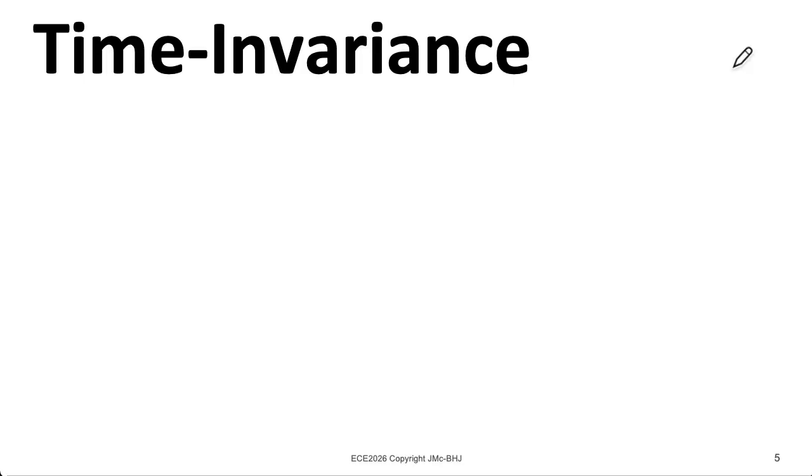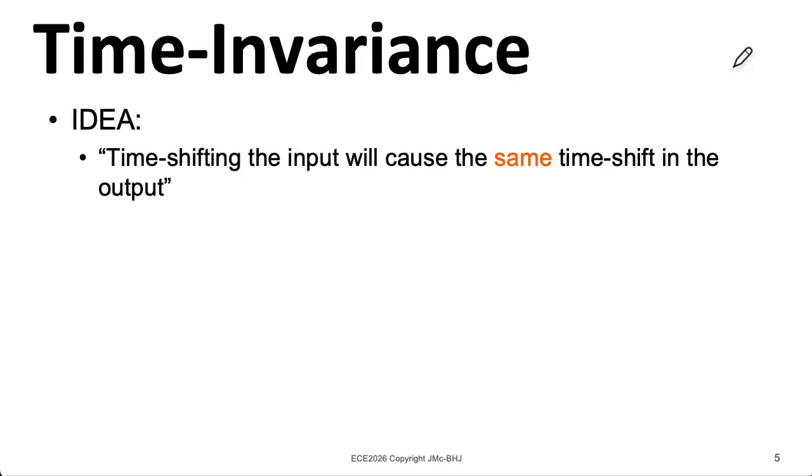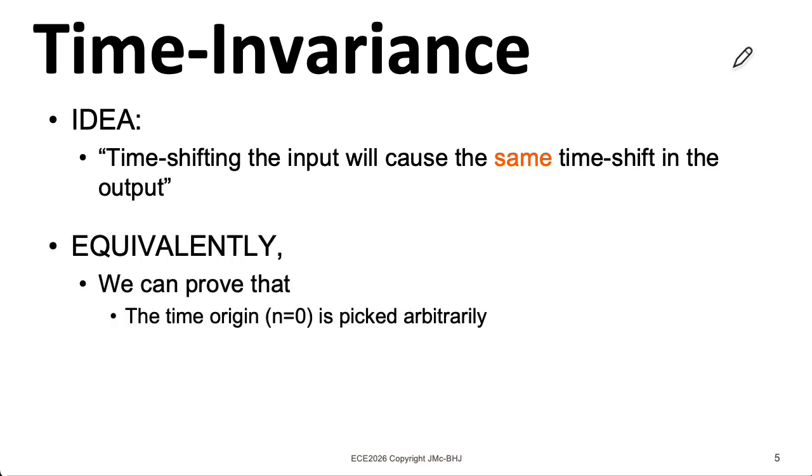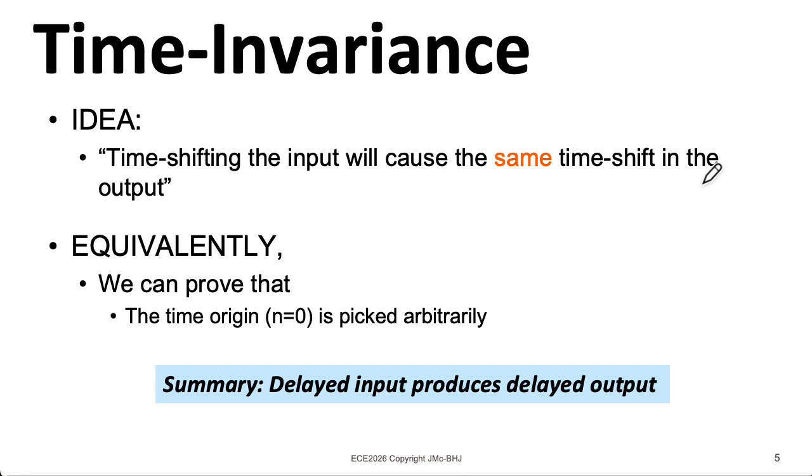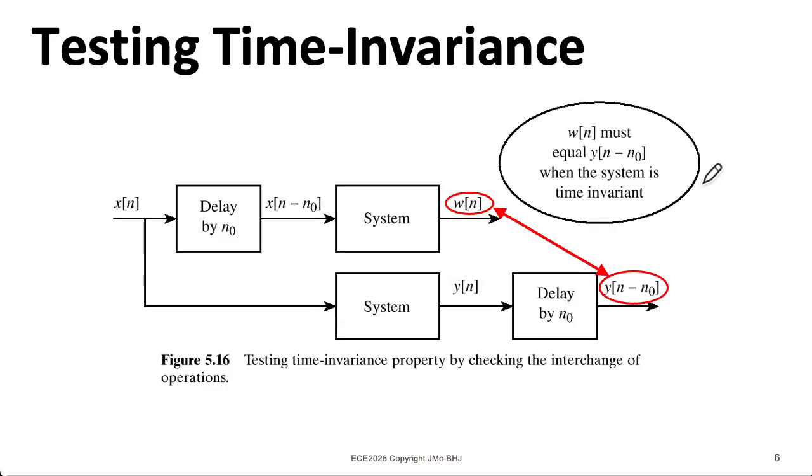Now let's talk about time invariance. If a system is time invariant, if you get a certain output for a certain input, and you took that input and just shifted it in time, you'll get the same output shifted by the same amount in time. For time invariant systems, it doesn't really matter where you pick your time origin. You can imagine the system that you're trying to test for time invariance and another system that's a simple delay.